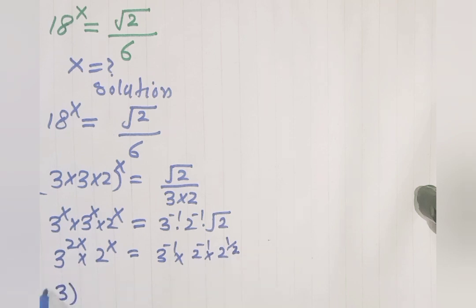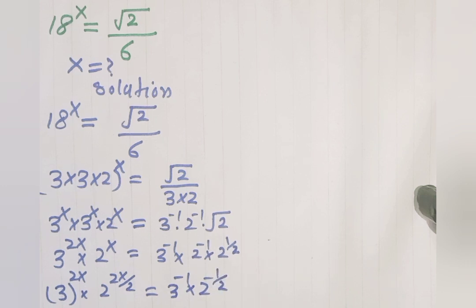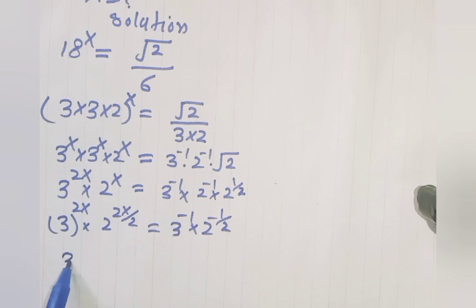Okay, 3 power 2x into, here I multiply with 2 and divide with 2, equal to 3 power minus 1 into, if we solve we get 2 power minus 1 over 2. Now this one also I can write as 3 power 2x into 2 power 1 over 2, power 2.